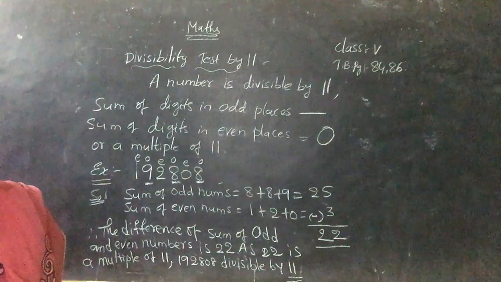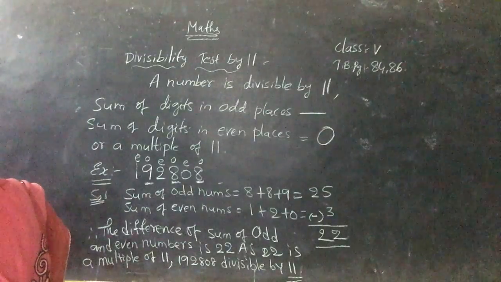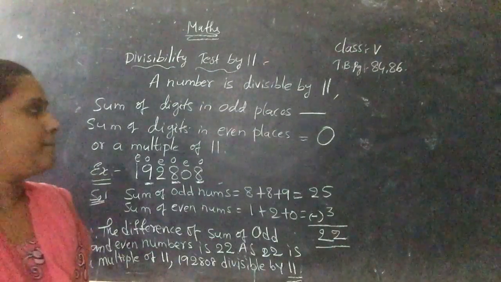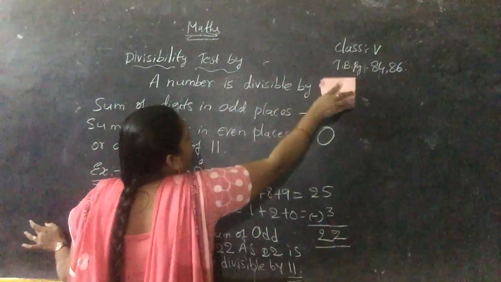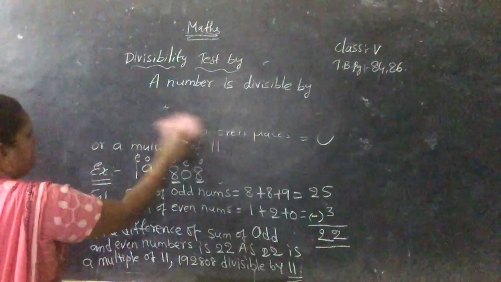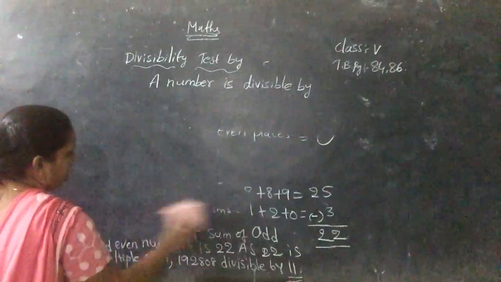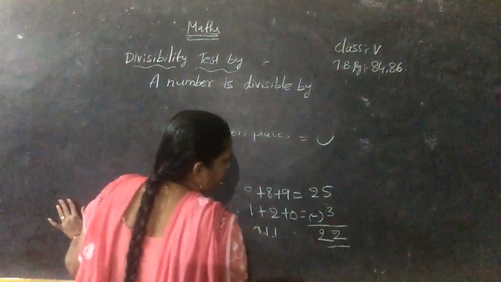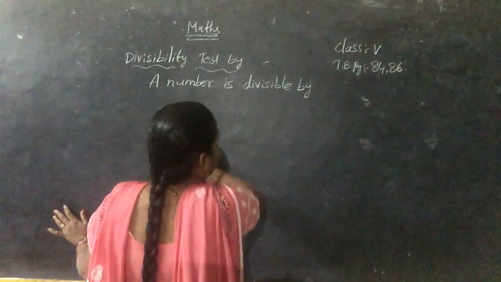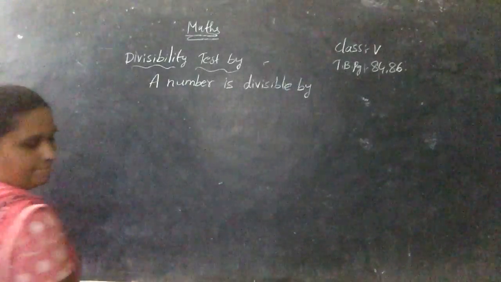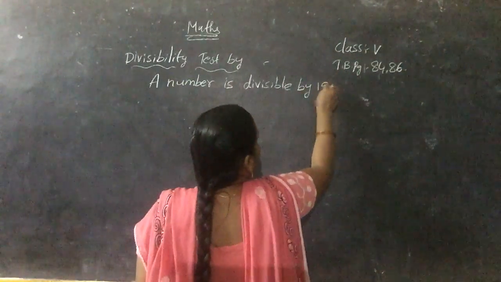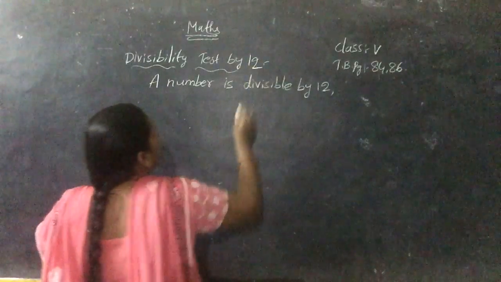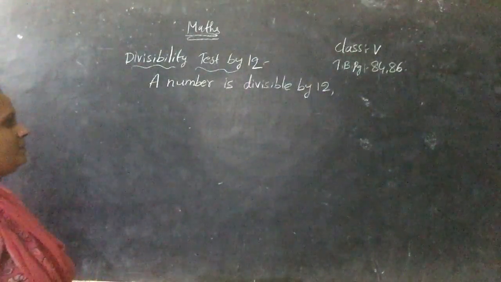Okay. Next, divisibility test by 12. A number is divisible by 12.